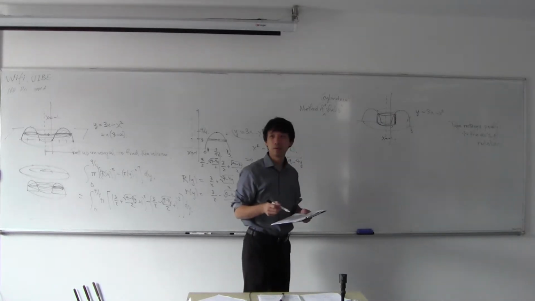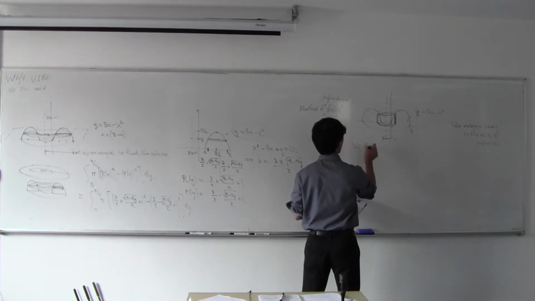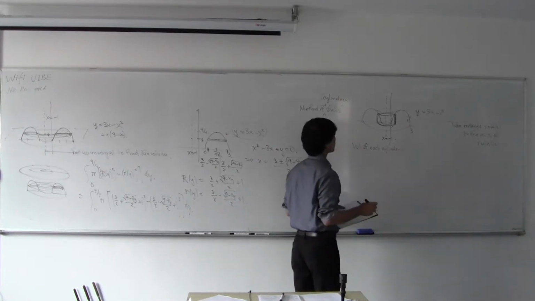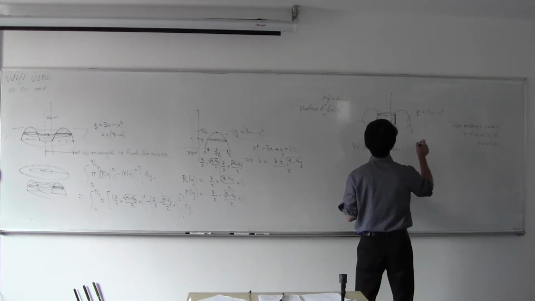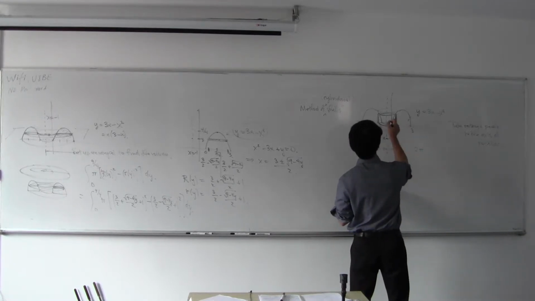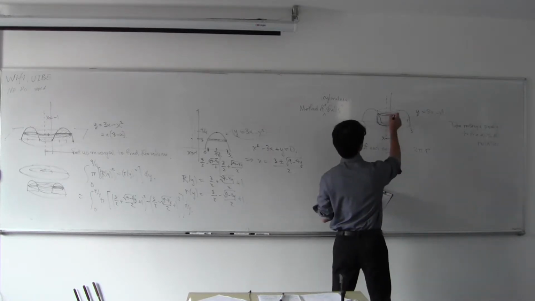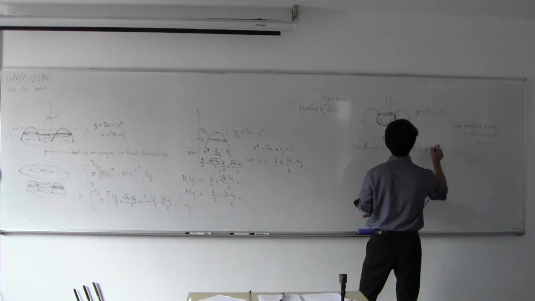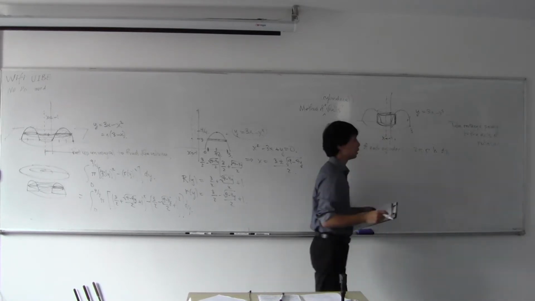We get these cylinders, and the volume of each cylinder is going to be 2 pi times the radius, so let's call this r, times the height, times a small thickness.